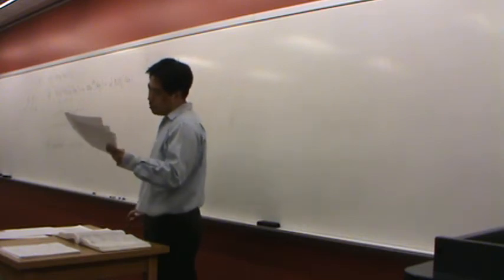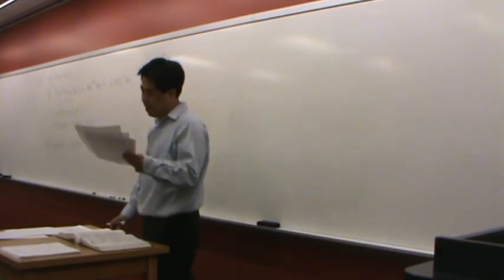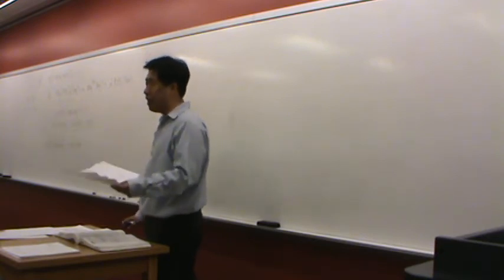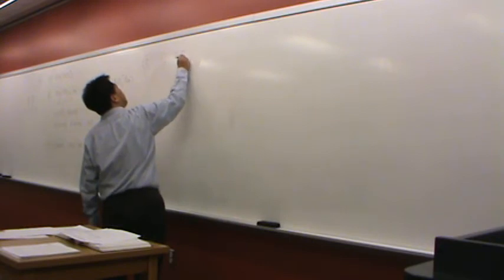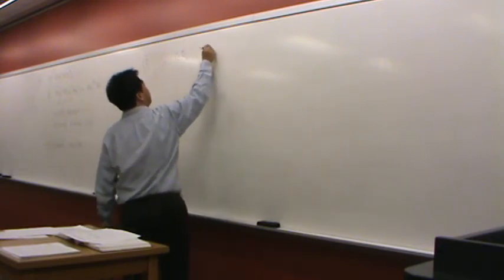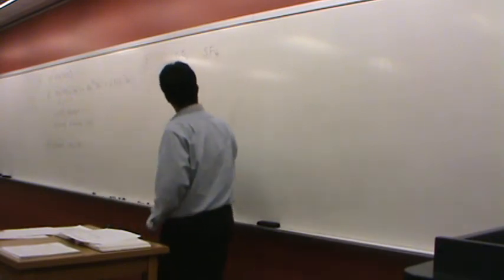So problem 5, part A, asks you to explain this. There are more lone pairs on the central atom in XeF4 than in SF4. So you're comparing two molecules, XeF4 versus SF4.